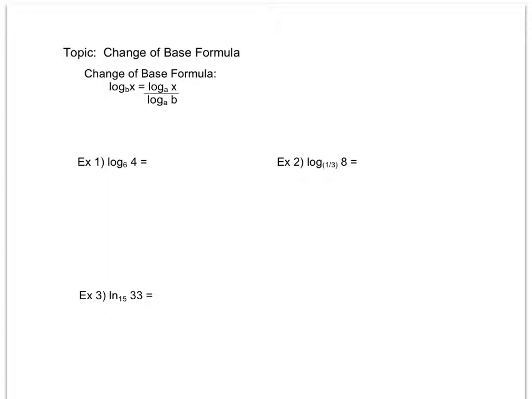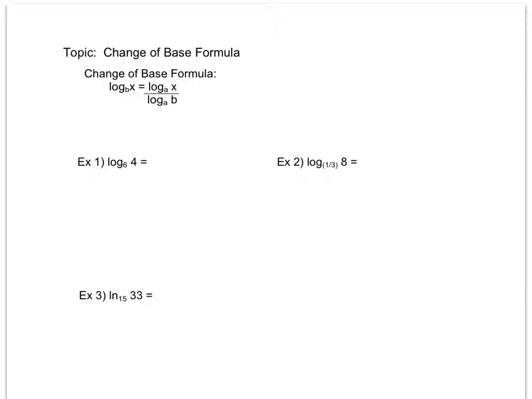So when we cannot solve our logarithmic equation by changing to exponential form, we have another trick, which is called the change of base formula. It tells us that if we're given some log that we're unable to solve, if we can change it to either base 10 or base e, then we can use our calculator.